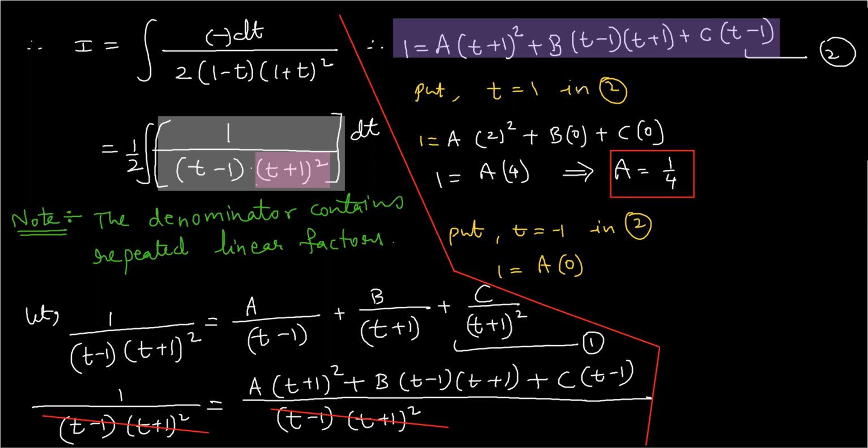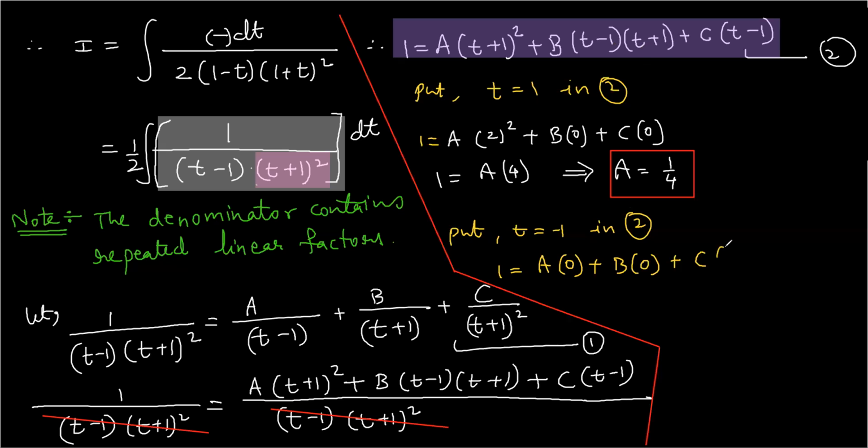And here, minus 1 plus 1 gives 0, so b into 0.